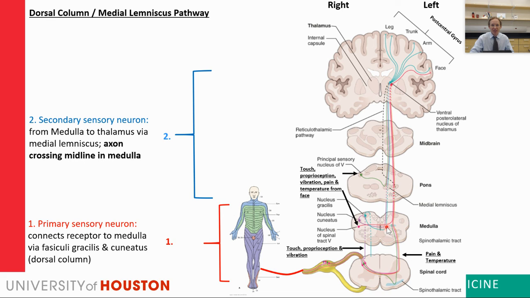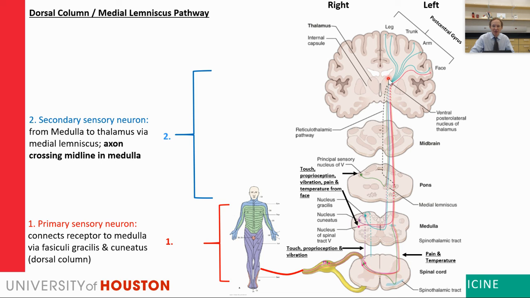After decussation, it ascends through the medial lemniscus tract, all the way into the VPL nucleus of the thalamus, the ventral posterolateral nucleus of the thalamus. The secondary sensory neuron terminates in the VPL nucleus of the thalamus.